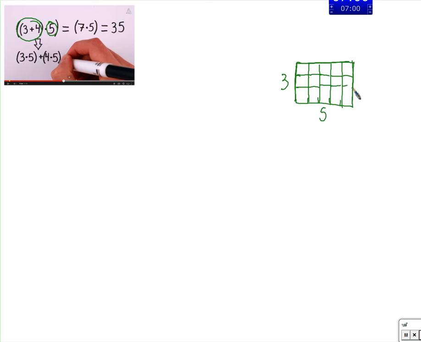Now let's see how we can, just in numbers, just like this example, see this distribution. So this is going to be like the length, and this is going to be like the width of the rectangle. So let's draw a rectangle. This side I'll make the 5. And this side just needs to be 3 plus 4, right? Which is actually 7.